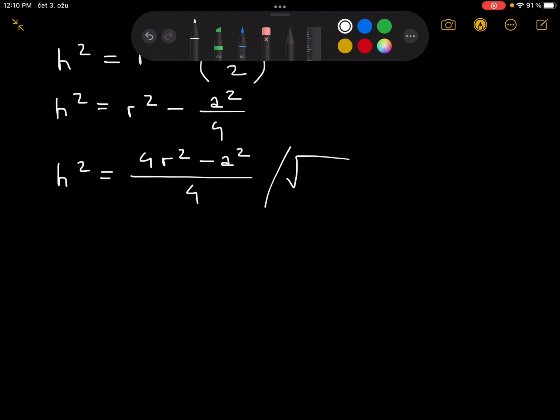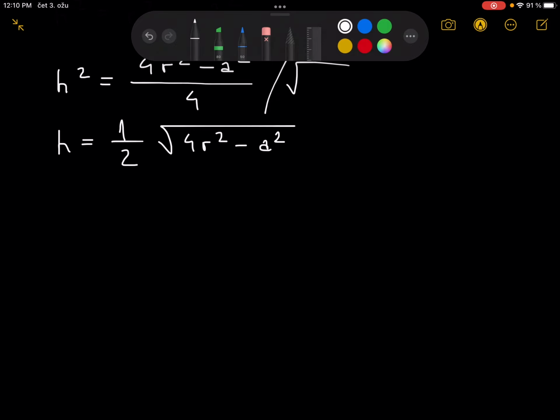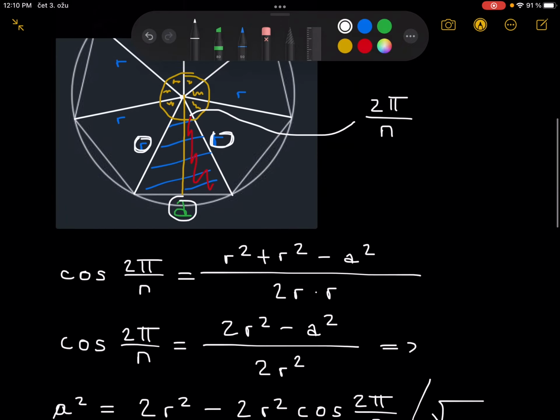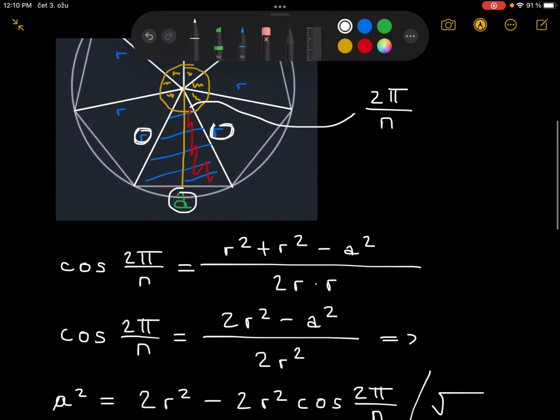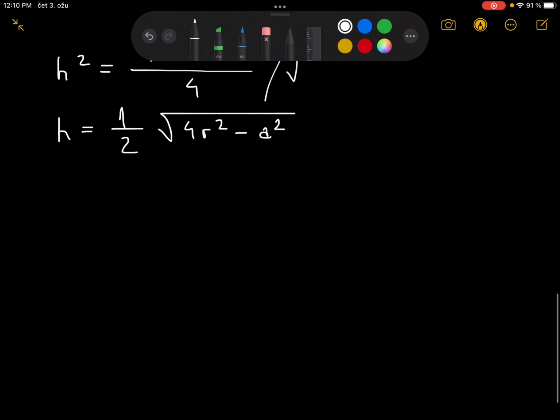Once we take the square roots of both sides, we'll get that the height must be equal to 1 over 2 times the square root of 4r squared minus a squared.